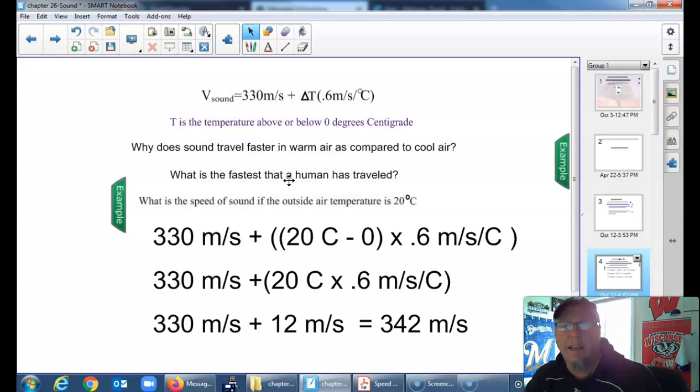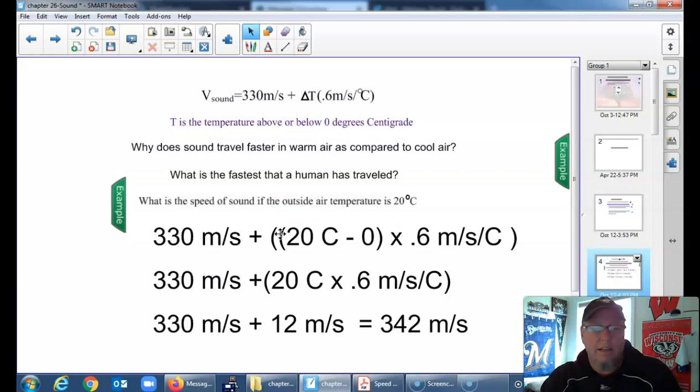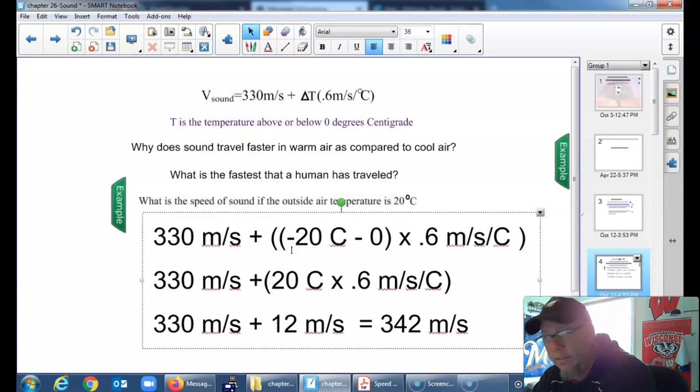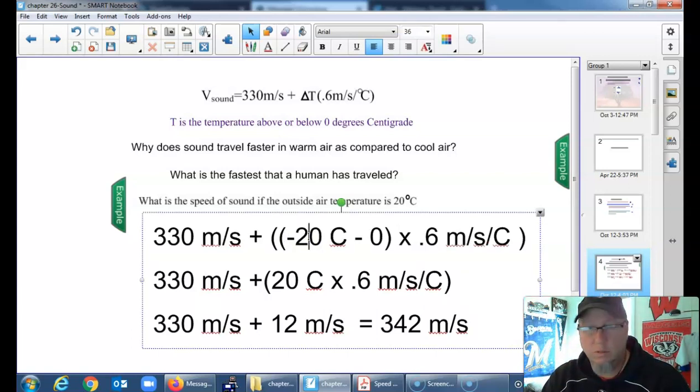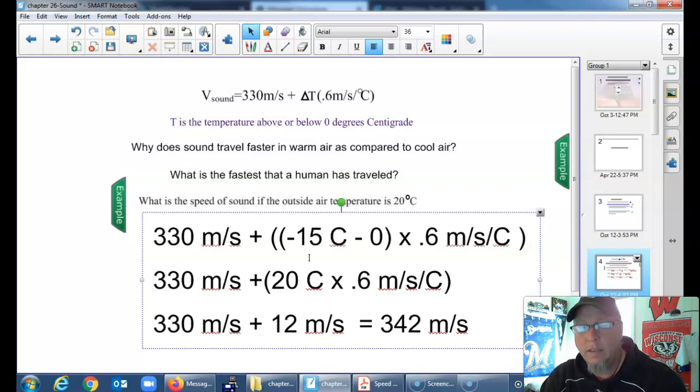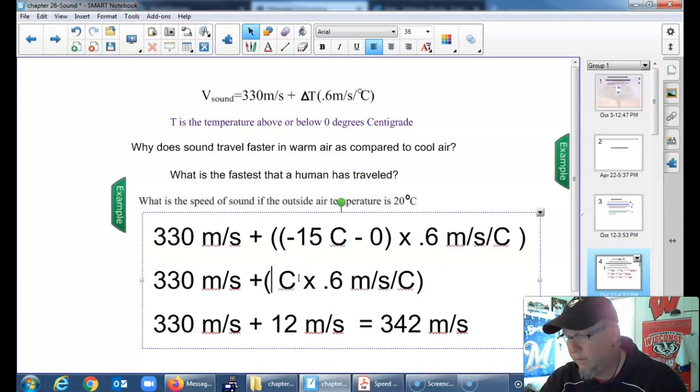So let's say I had a different problem where the temperature was negative 15 degrees. If it was negative 15 degrees, this would say negative 15 here, and then this would be negative 15.